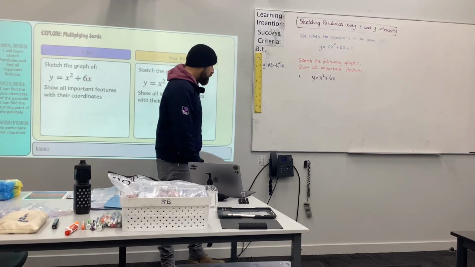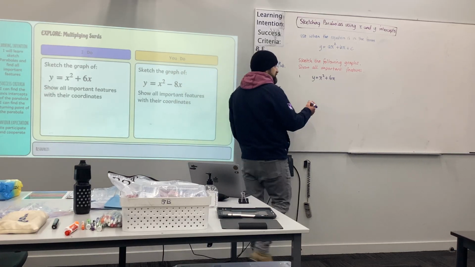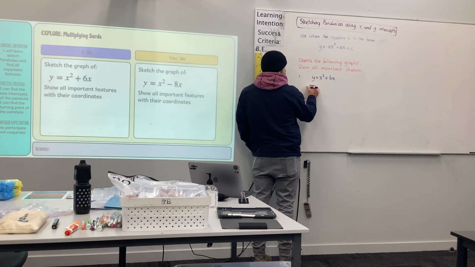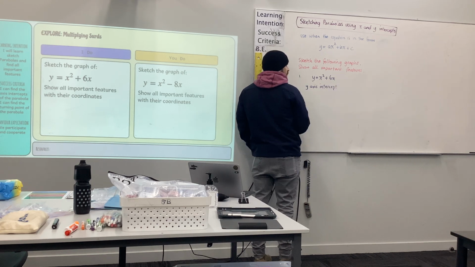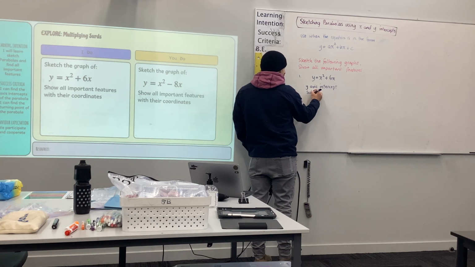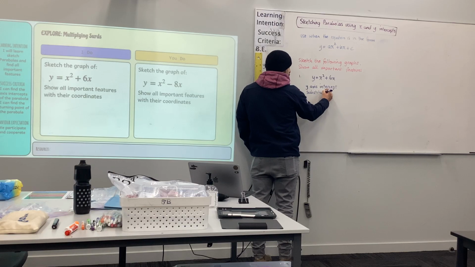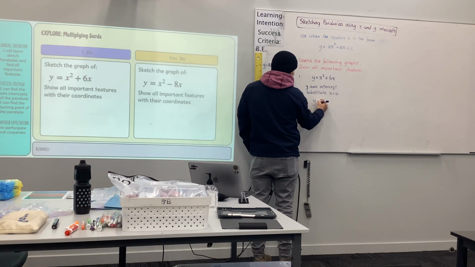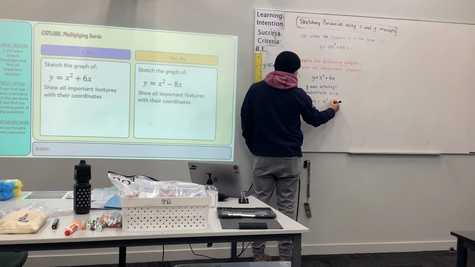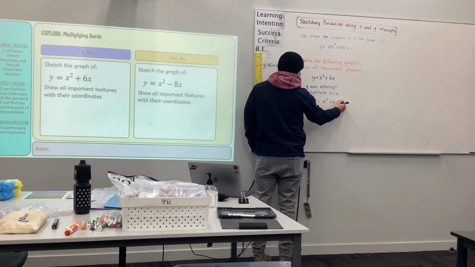No. Right. So when I sketch this type of graph, the first thing I'm going to do is find the y-axis intercept. And the way I'm going to find the y-axis intercept is I'm going to substitute x equals 0, which makes my equation look like this: y equals 0 squared plus 6 times 0.